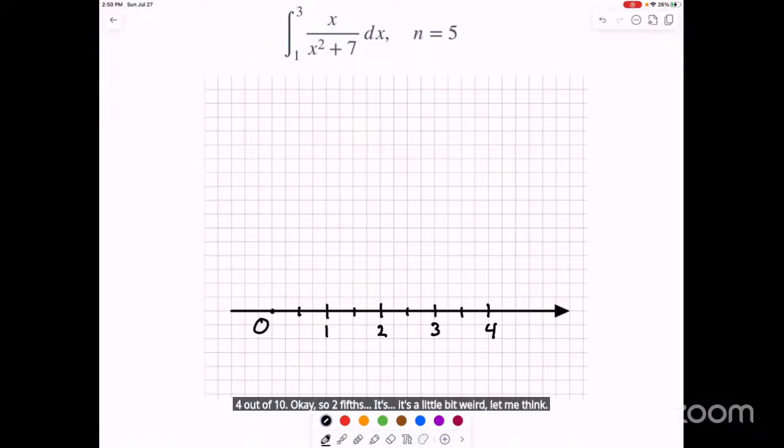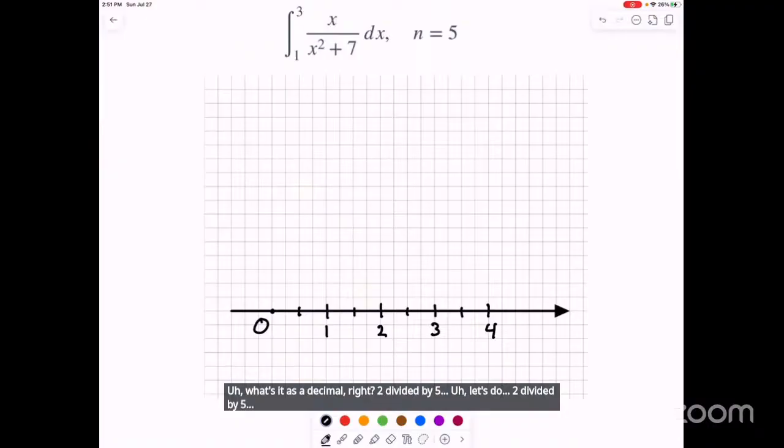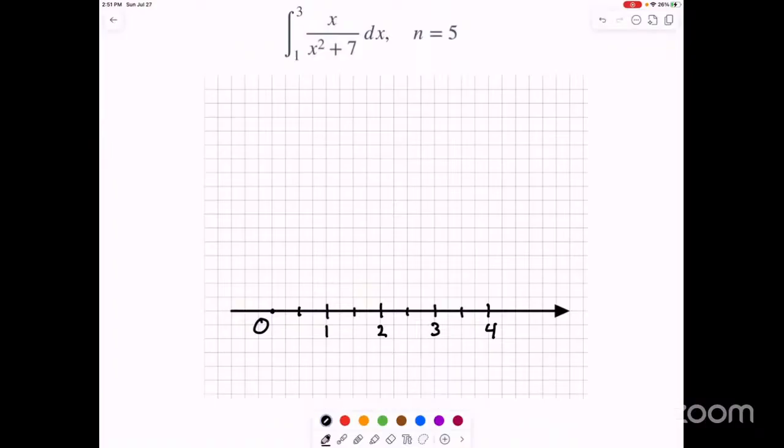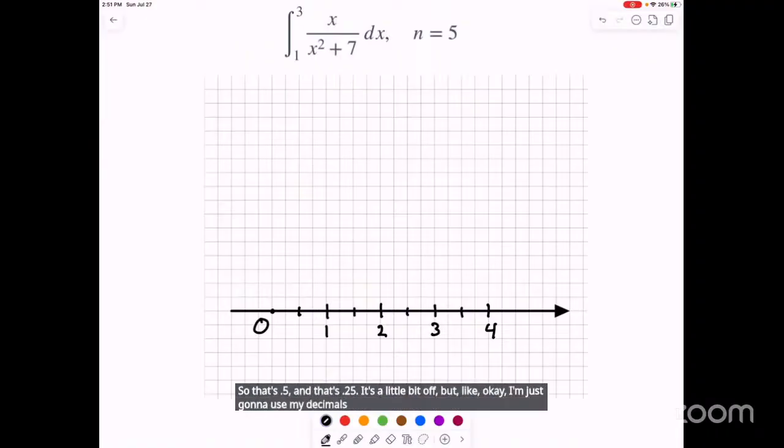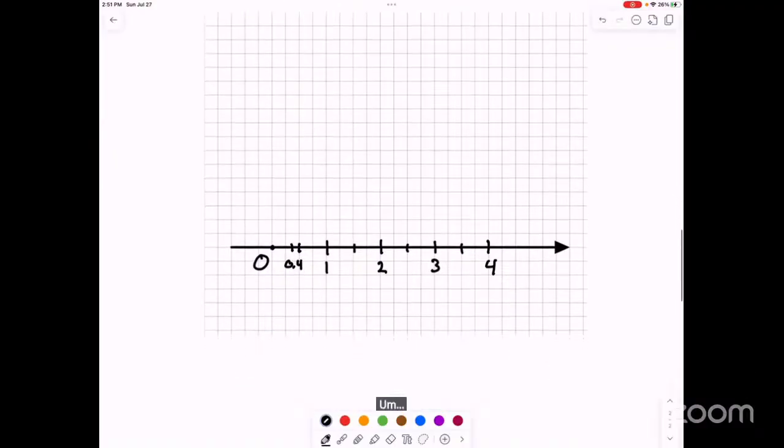What is it as a decimal? 2 divided by 5 is 0.4. So this is going to be 0.4, and then we want 0.8.